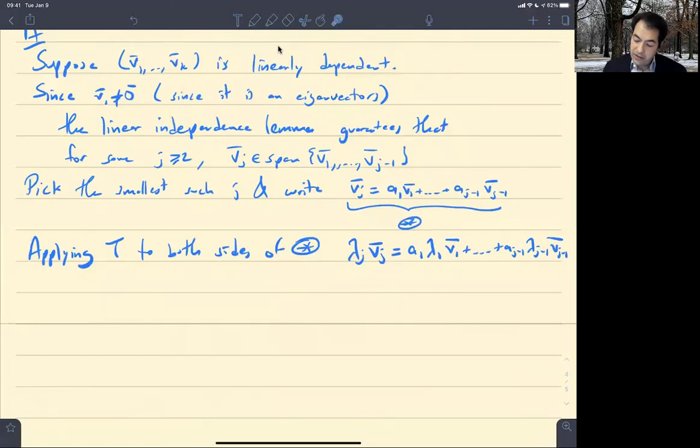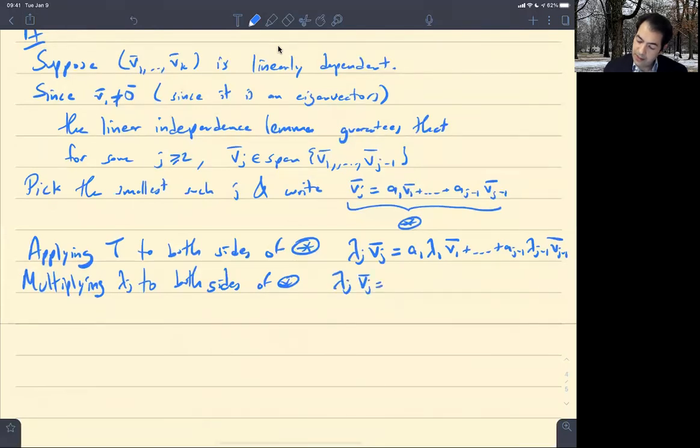Now this left-hand side is just lambda j vj. I can achieve this in a different way. What I could have done is just multiply both sides of star by lambda j, and I would have ended up with the same left-hand side. So multiplying lambda j to both sides of star, I would have lambda j vj, and then here a1 lambda j v1 up to a j minus 1 lambda j vj minus 1.